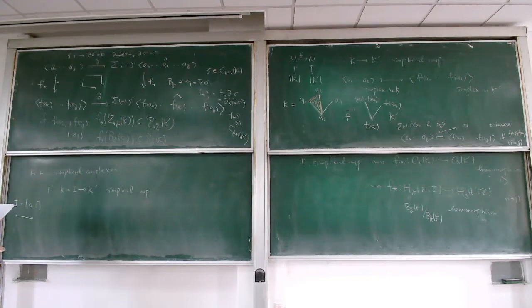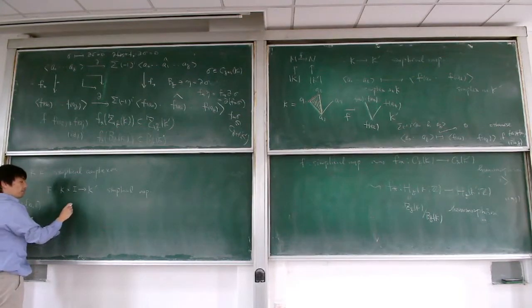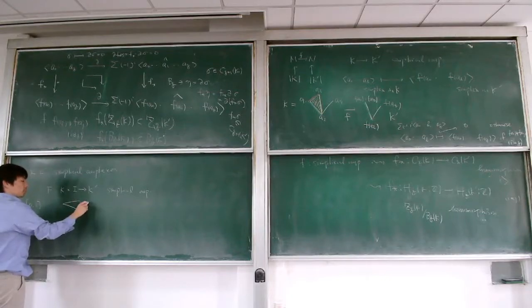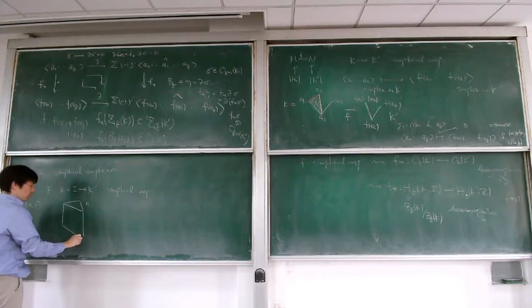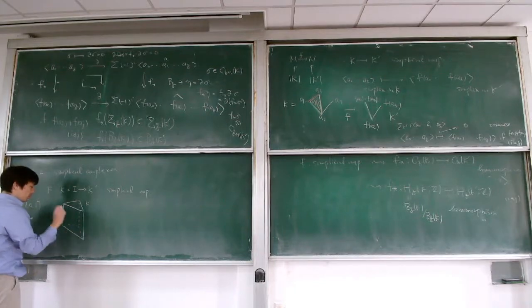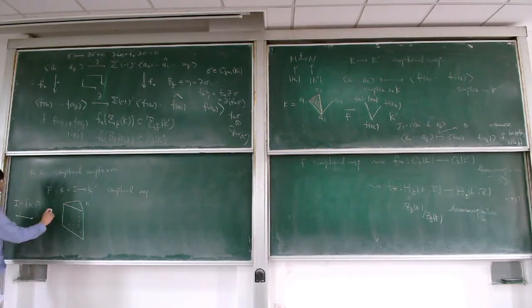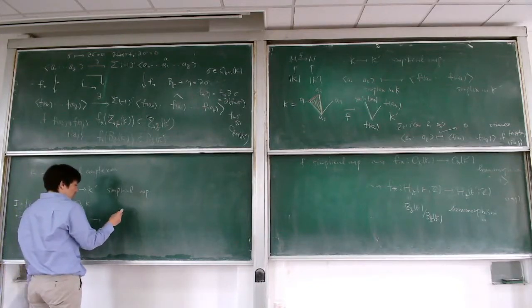Then we just restrict. What I'm considering is something like this: K here, and then we consider K times I, where I is a simplex.